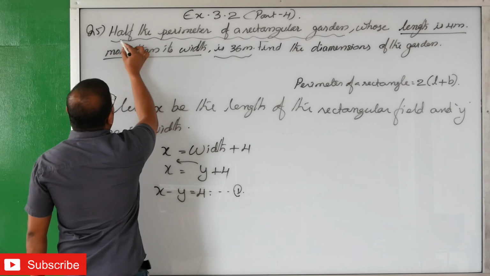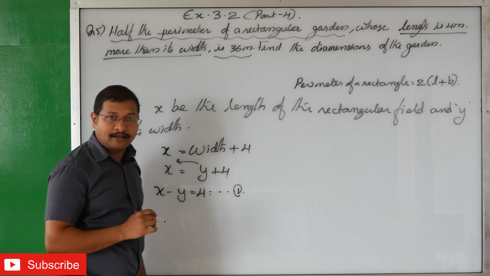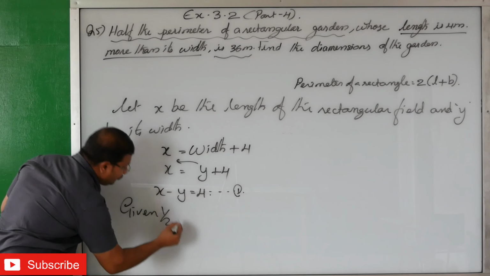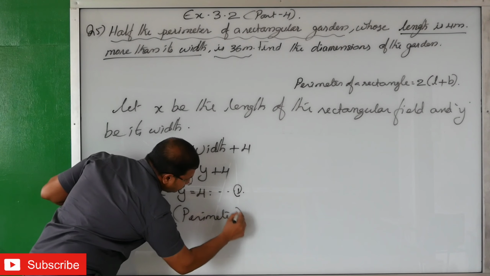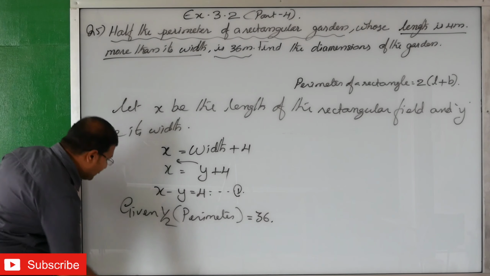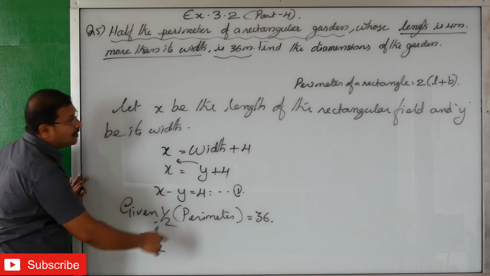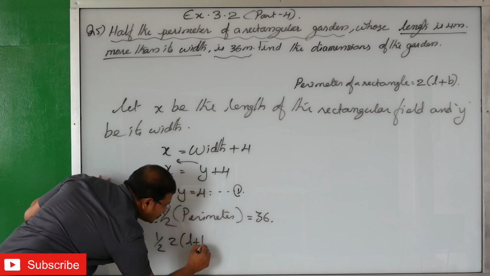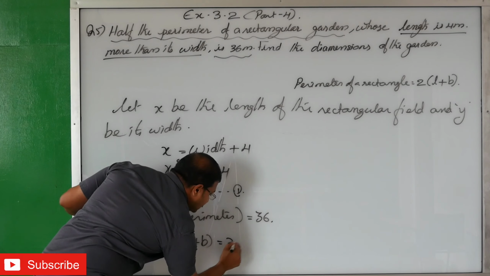Given half of the perimeter equals 36, this implies half perimeter, which is 2 into length plus breadth, equals 36.